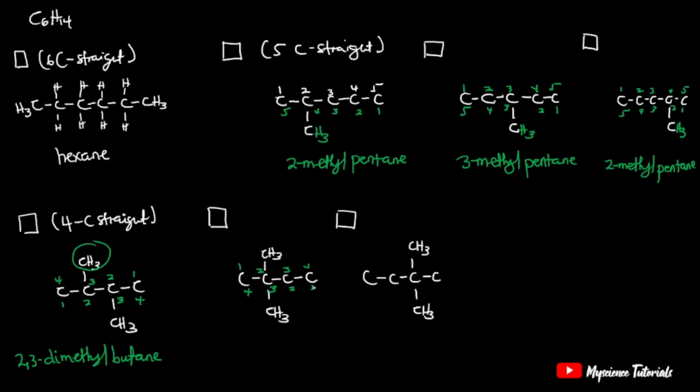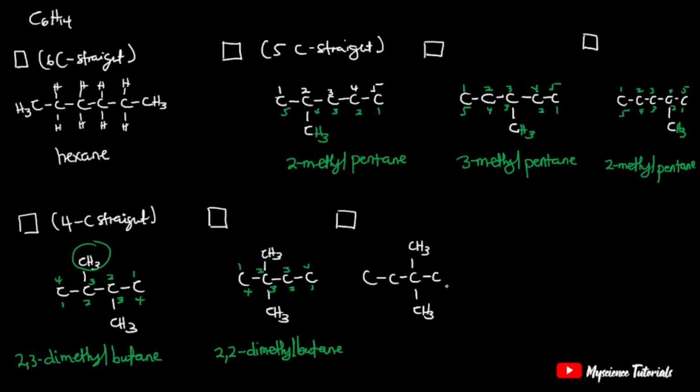But if we are going the opposite way, they will be on carbon 3, which will not favor us. So we'll go for the least low count, which is the 2 over here. So this compound becomes what? 2,2-dimethyl. This is the group bute. So this is also what? Butane. Okay, so we can see that this is 2,3-dimethyl butane. This is 2,2-dimethyl butane. They are different compounds, so yes, it's acceptable.